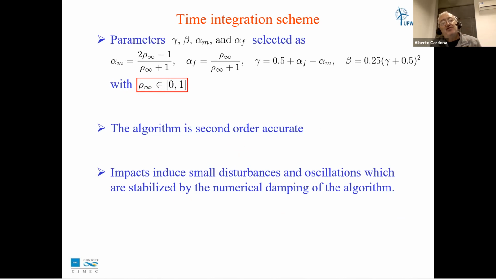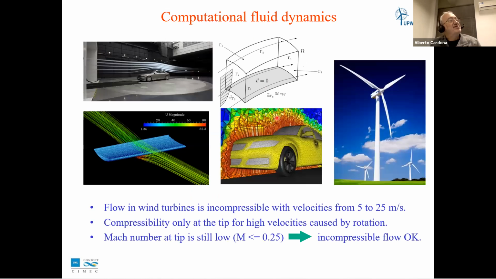But since we are dealing with the wind turbine, we also have to solve for the fluid dynamics. And here we have several examples of fluid dynamics problems. In the case of wind turbines, the flow is incompressible, with velocities in the range from 5 to 25 meters per second.